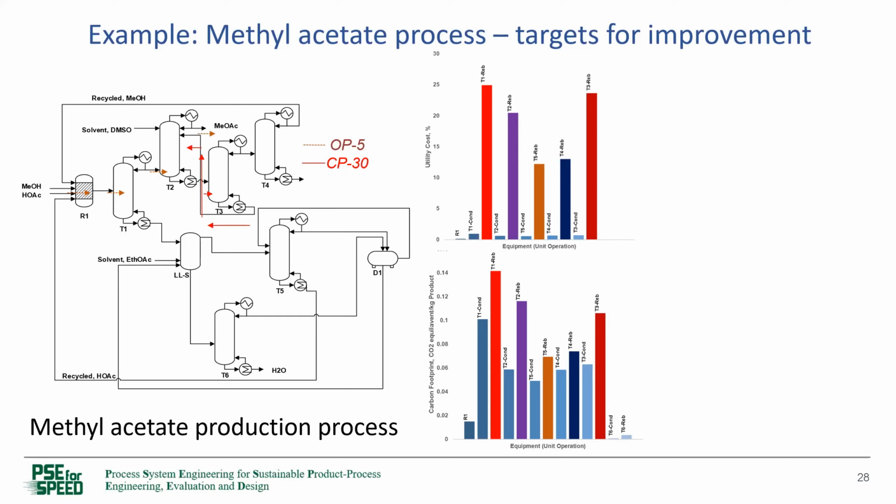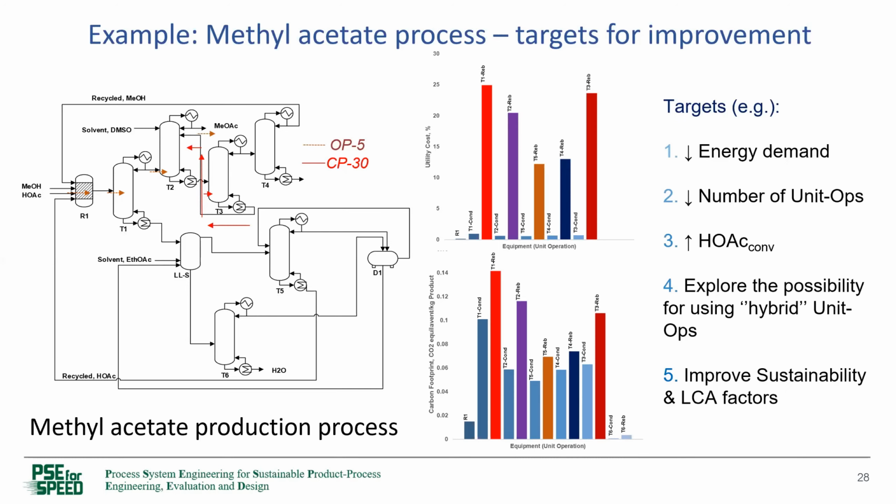And then we will find out that this could be in the open path or closed path. So that's where we will target. So that's how we use this also. So based on this information, we could say that there is some equipment which is using a lot of energy. So we should reduce the energy demand.